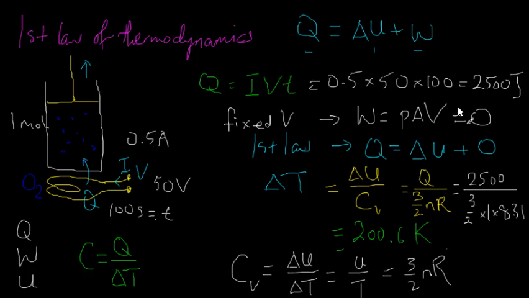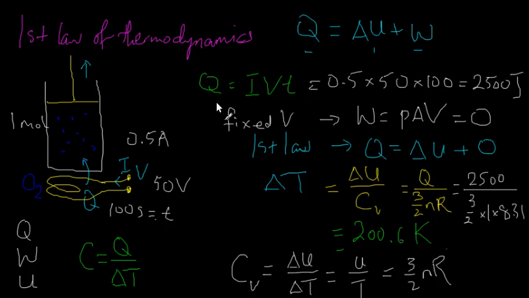Previously I had 2500 joules, but now that I allow the gas to expand, I would need to put in more heat because I would need extra energy to do the work.